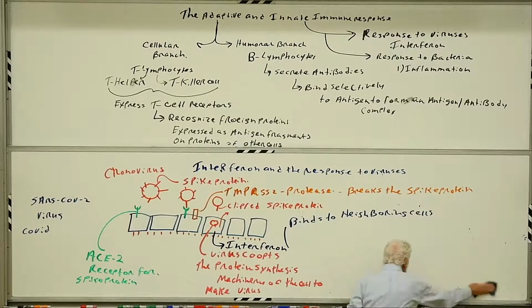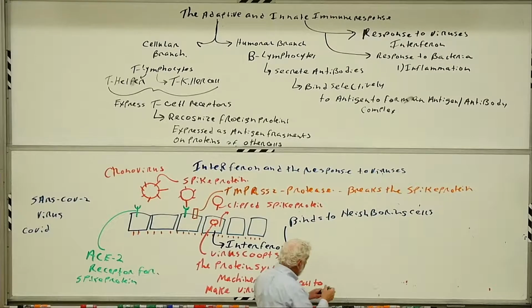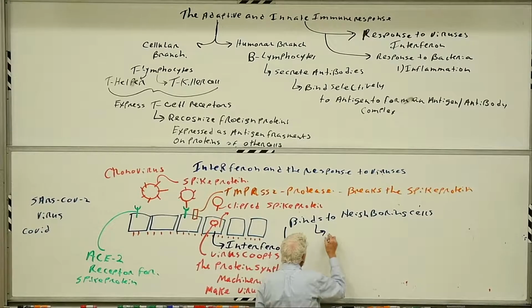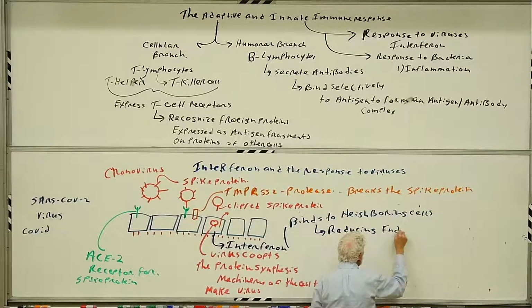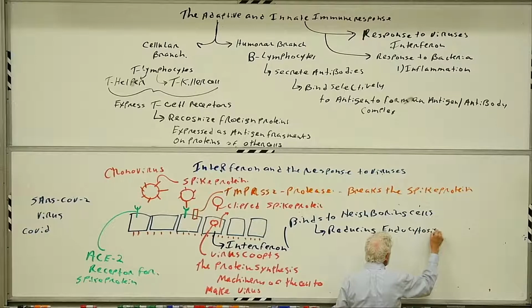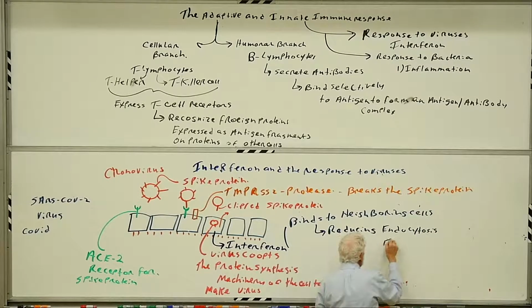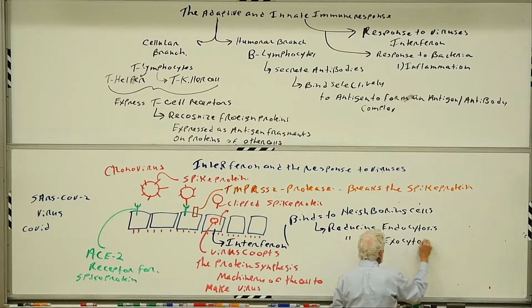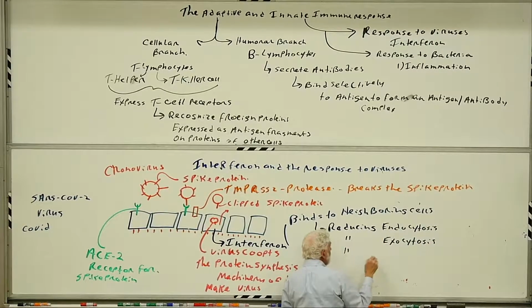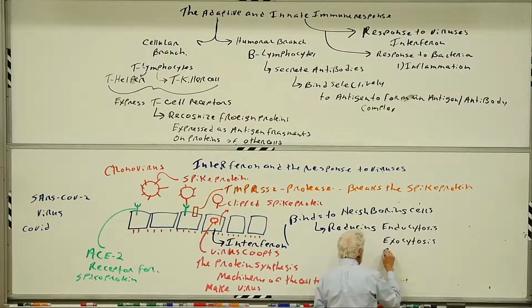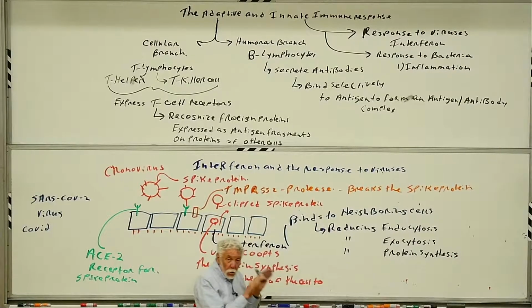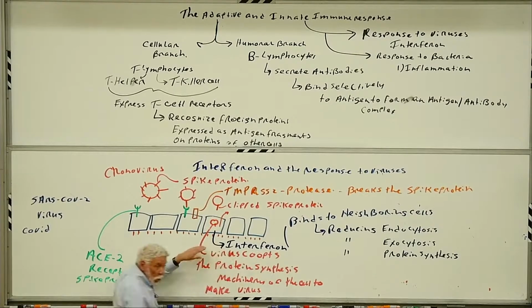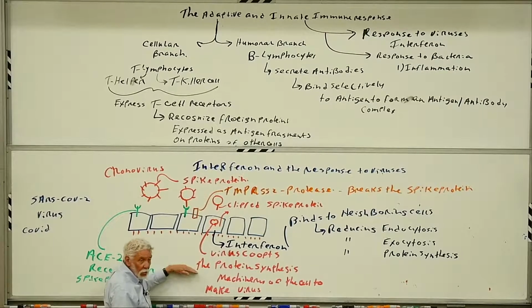So in the neighboring cells, the interferon has this effect of reducing endocytosis. It reduces exocytosis. It reduces protein synthesis. So what it's trying to do is slow down or stop the proliferation of the viruses.